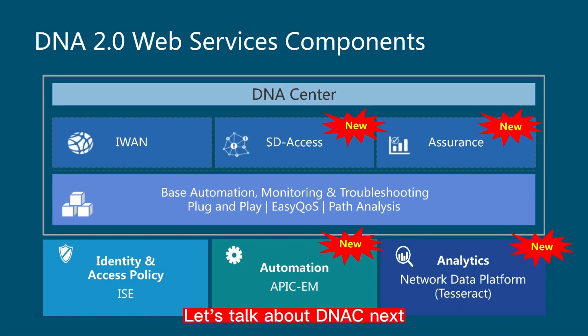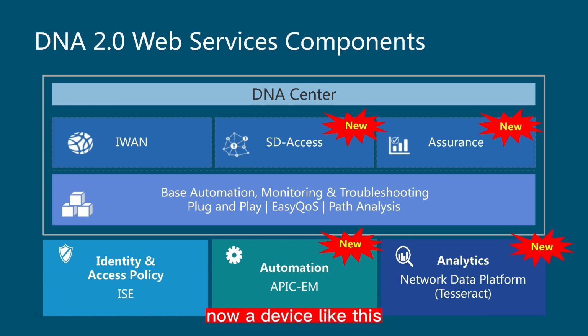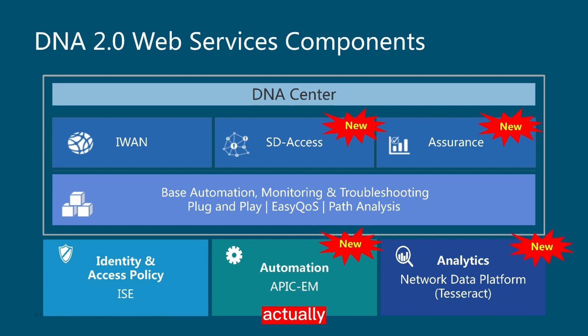Let's talk about DNAC next. Called DNA Center. This is Cisco's main control hardware product. It is more about the support for Cisco's SDN equipment. Actually, for you at this stage, first of all, you can't understand it.